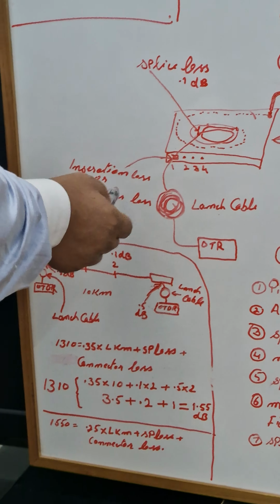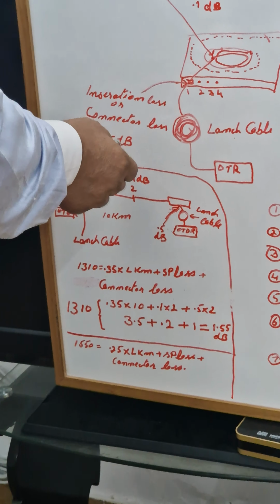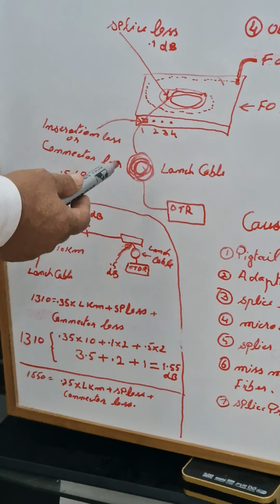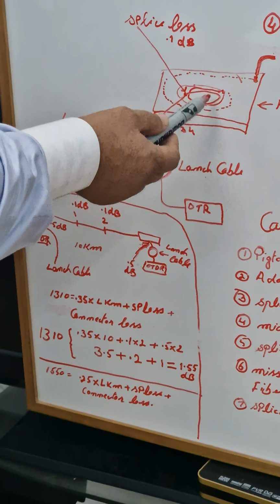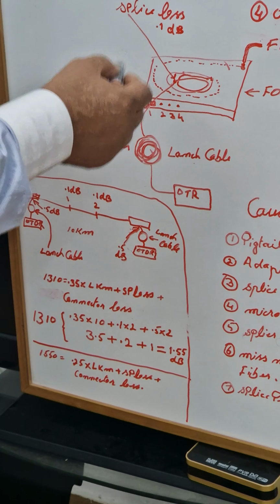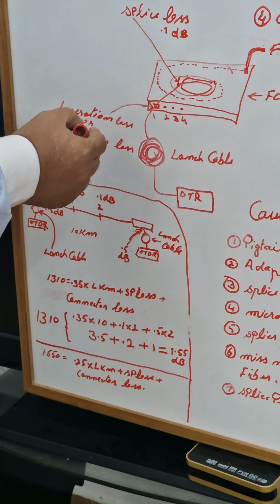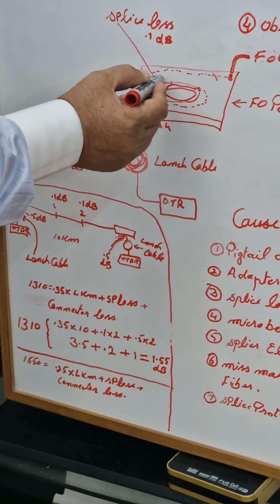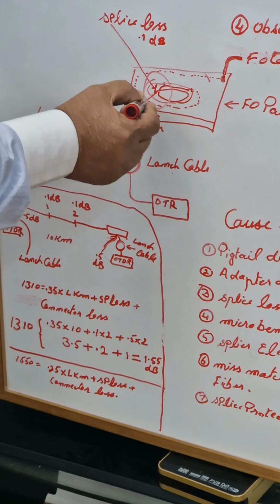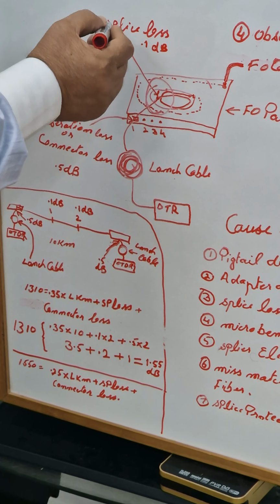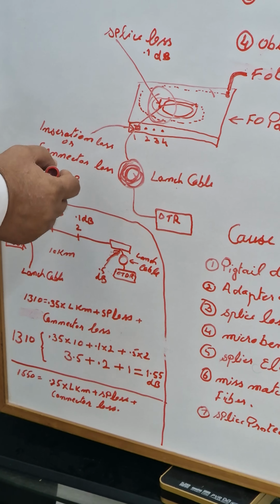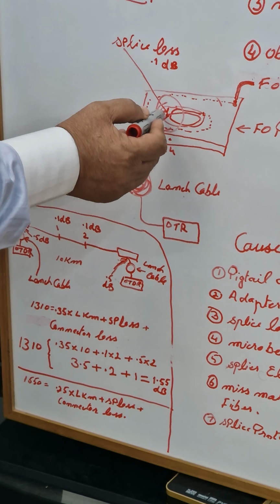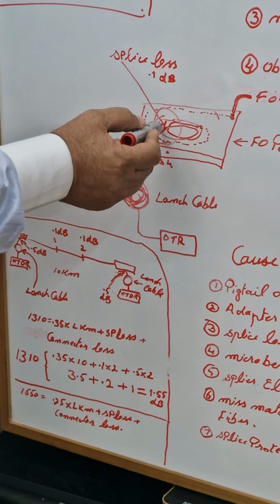For example, 0.5 dB is the insertion loss according to the TIA standard for an SC connector. In this 0.5, it also includes the loss of the splice, which is 0.1. So when I am talking about the 0.5 dB, it also includes the loss of this one.